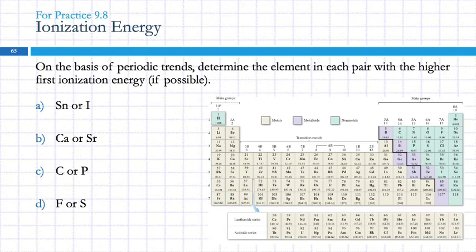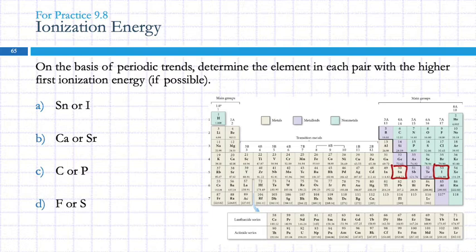Tin or iodine. So here's iodine, and there's tin. You kind of have to talk yourself through these problems because it's a 50-50 chance, right? And it's kind of confusing. So it says determine which element in each pair has a higher first ionization energy. So more energy, harder to lose an electron.